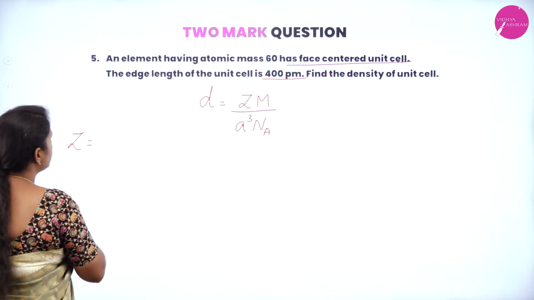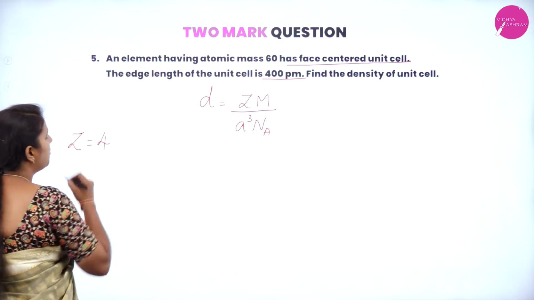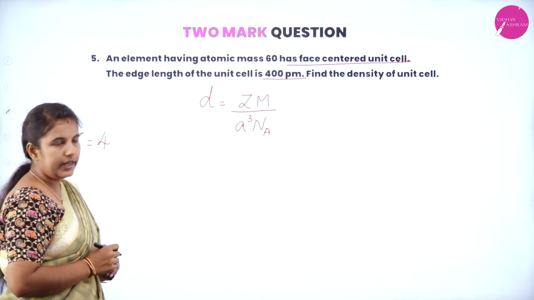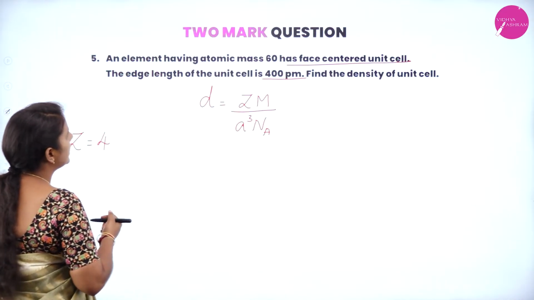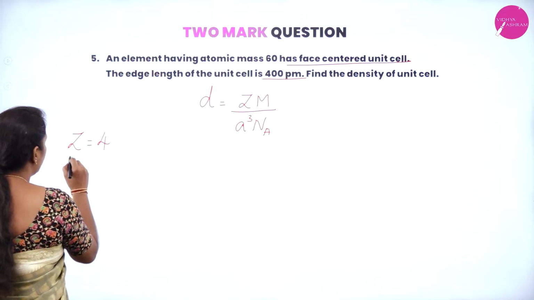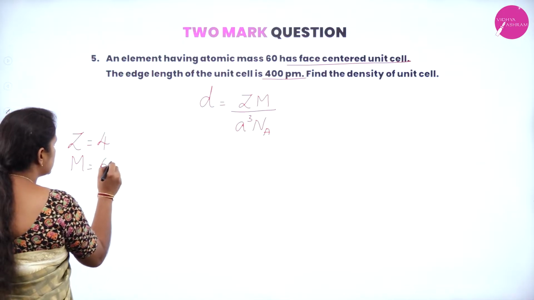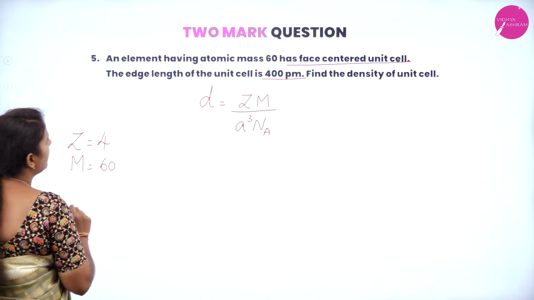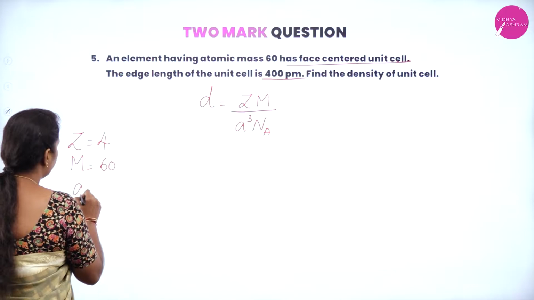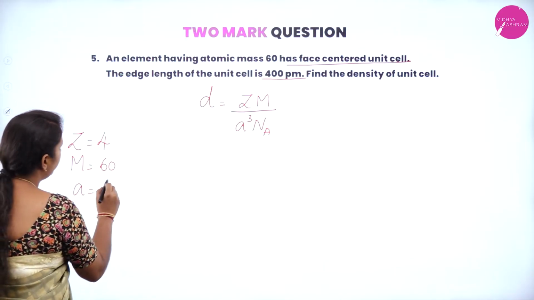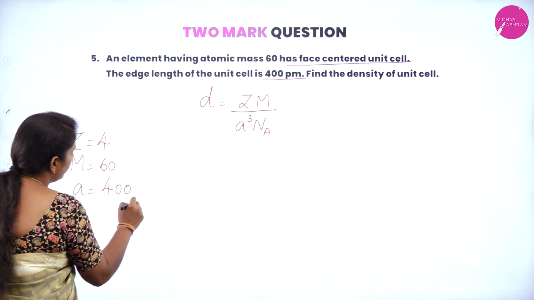So, in the face-centered cubic unit cell, the number of particles is 4. Correct, no? And coming to the atomic mass, they have given us 60. Okay. Coming to the edge length, they have given A, that is 400 picometer.